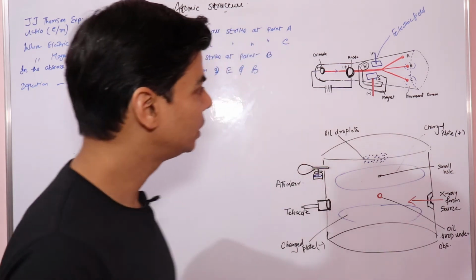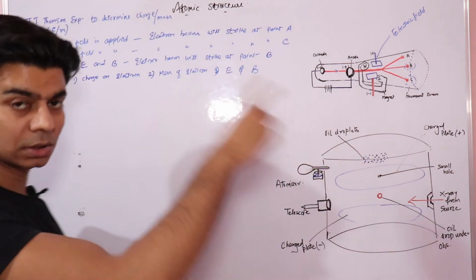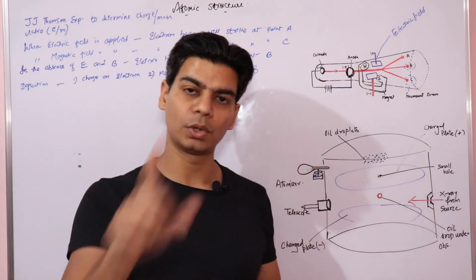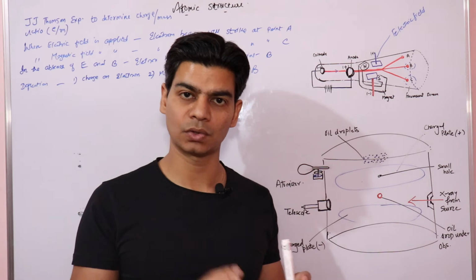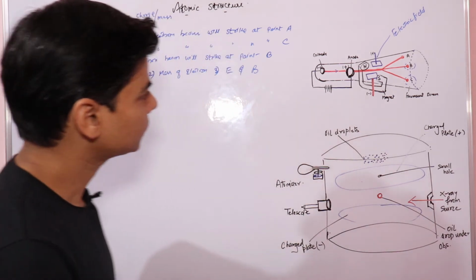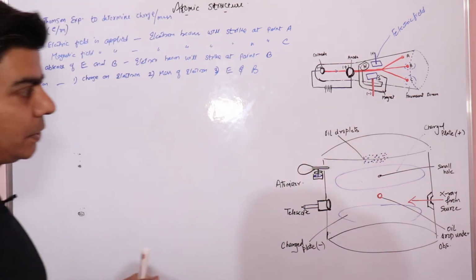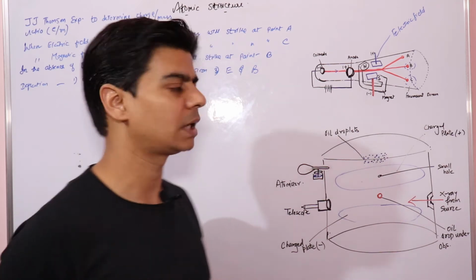It will move in a circle. This magnetic force will rotate this charged particle, which is the electron, in a circle, right. This is the concept in physics, in electromagnetism.